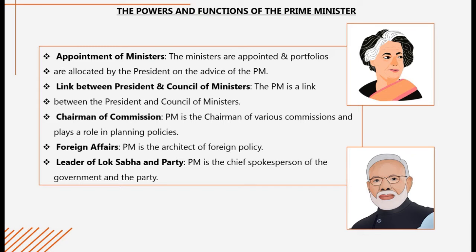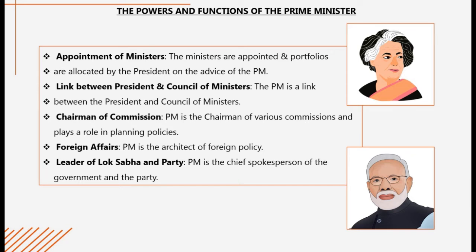C. If the President so requires, the Prime Minister must submit for the consideration of the Council of Ministers any matter on which a decision has been taken by a minister but which has not been considered by the Council.